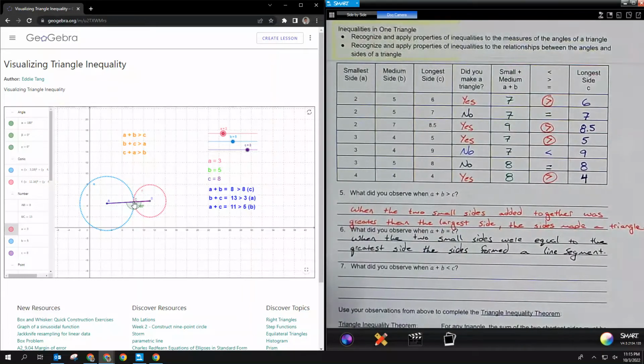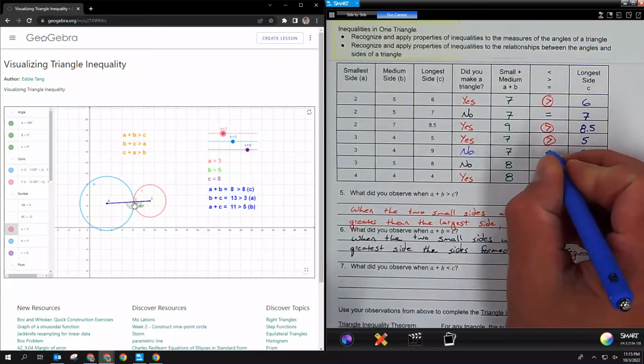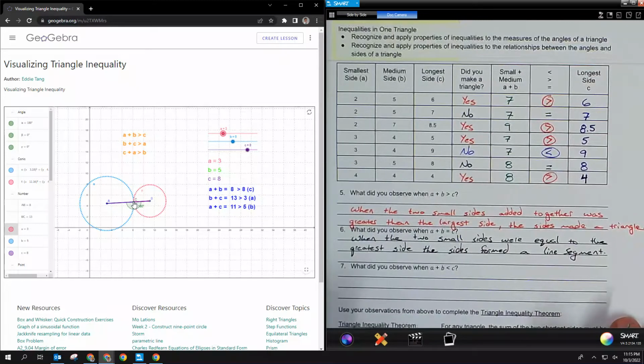And then what did you observe when A plus B was less than C? So when A plus B was less than C, we see that right here, no triangle formed. The sides were not even close enough to connect.